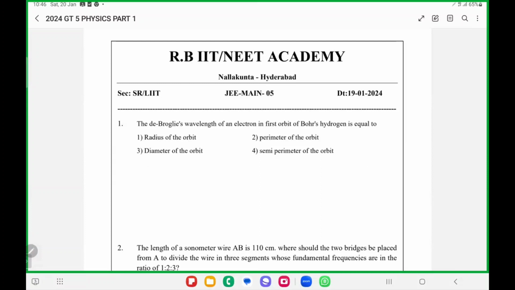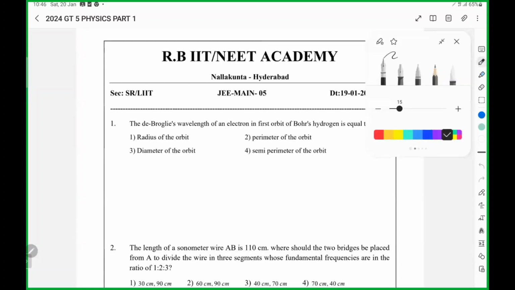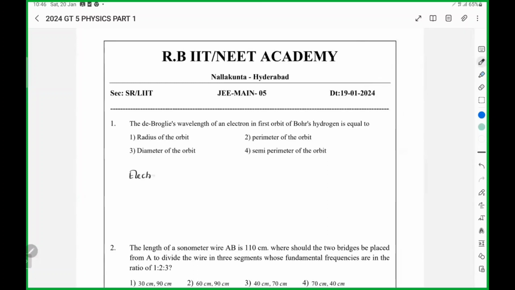According to de Broglie, the electron in the orbit is seen as a particle wave, not a particle as proposed by Bohr.